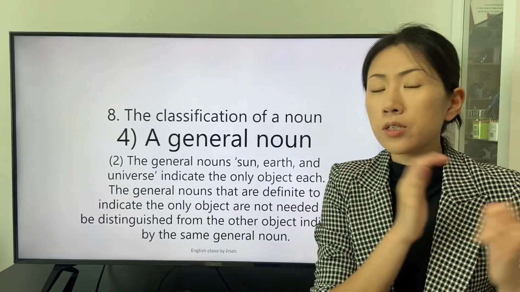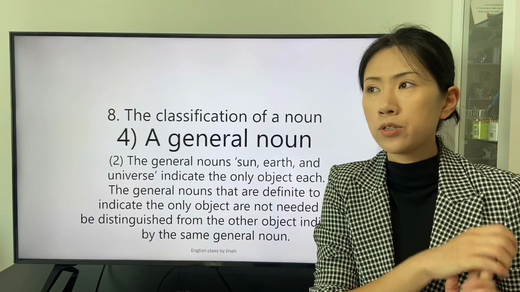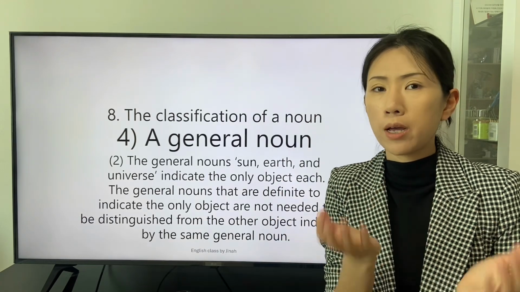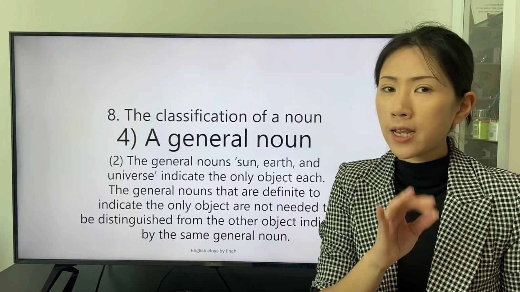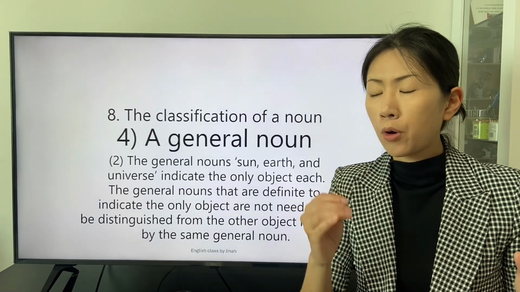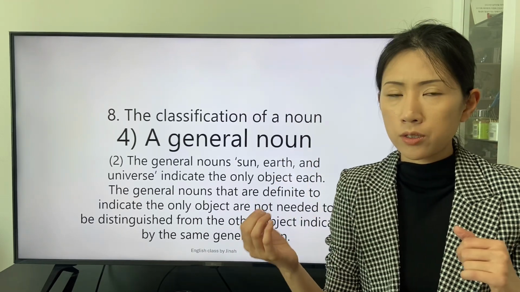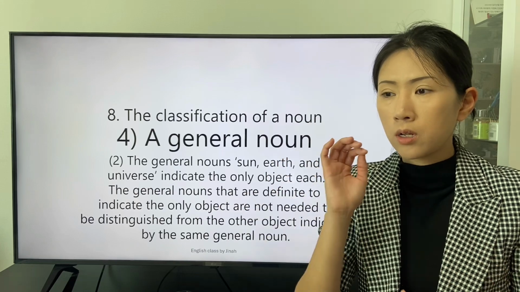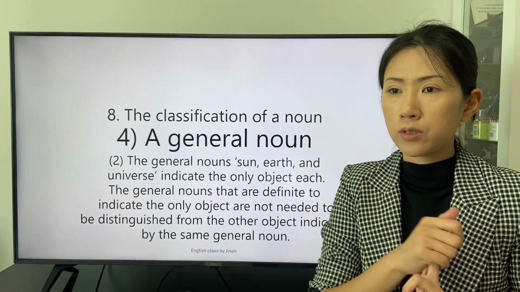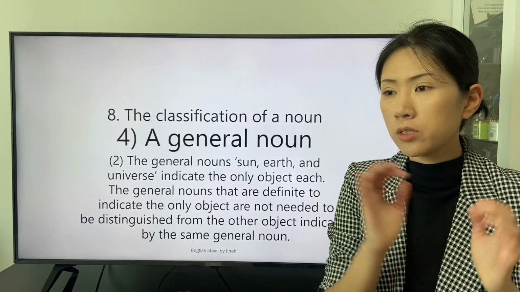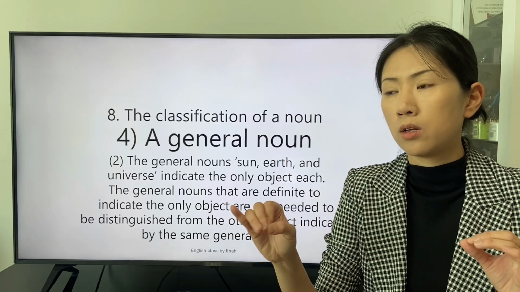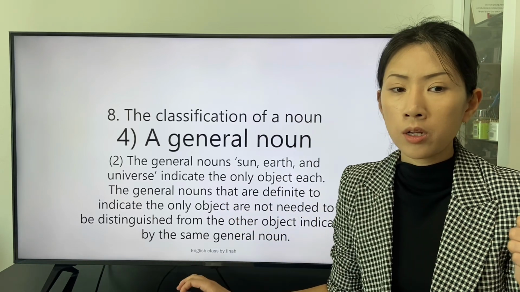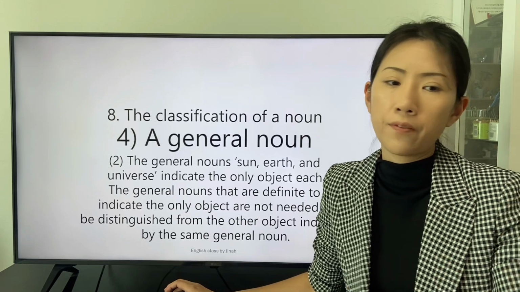The nouns sun, earth, and universe are classified as the general nouns. But the point is that there isn't any other objects according to the definitions of the nouns sun, earth, or universe. So the determiner the always describes the general nouns sun, earth, and universe.